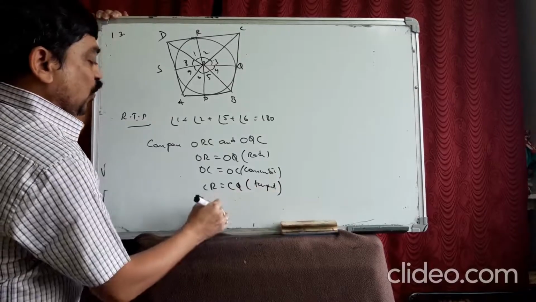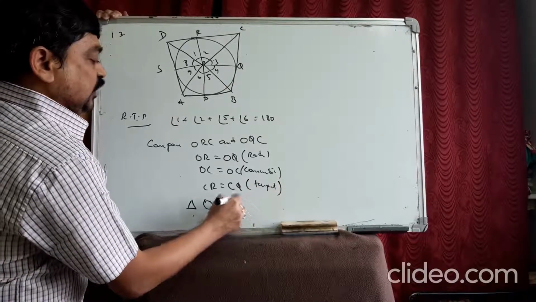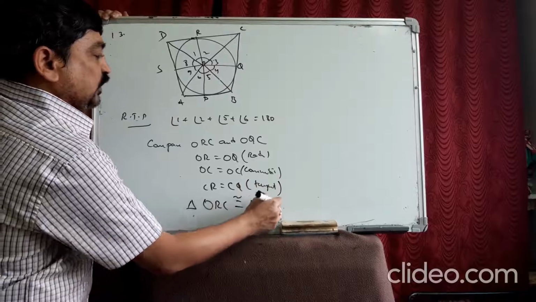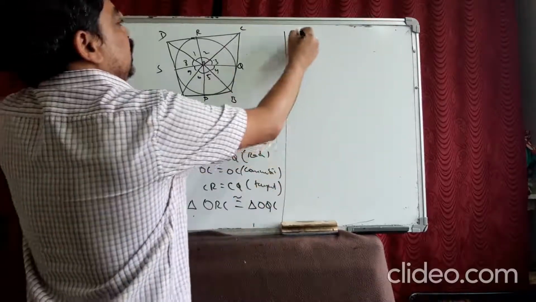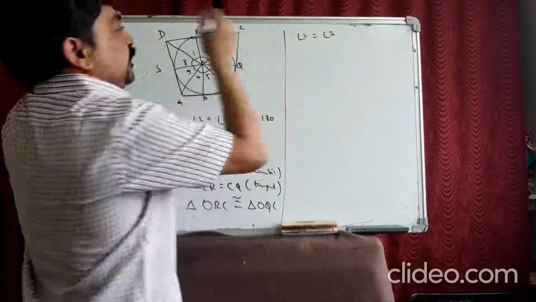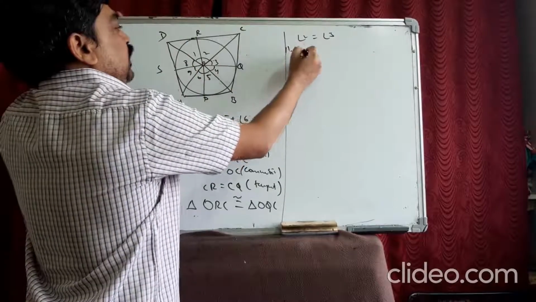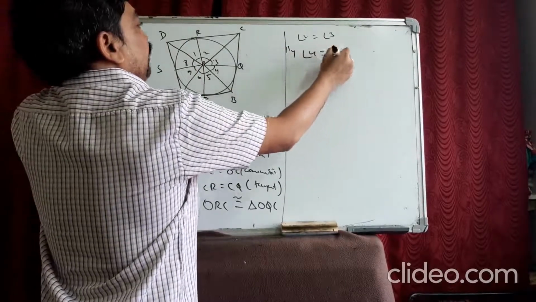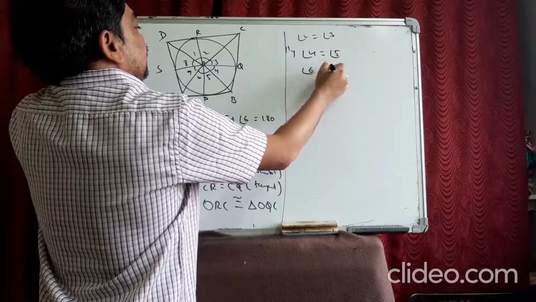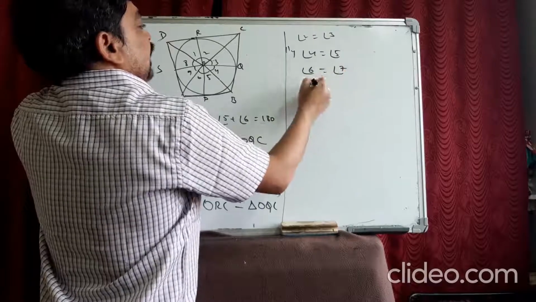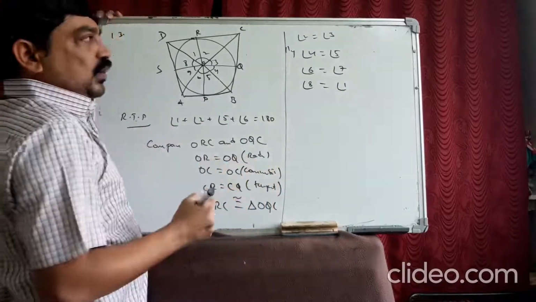Therefore, triangle ORC is congruent to triangle OQC. When two triangles are congruent, angle 2 equal to angle 3. Similarly, we can prove that angle 4 equal to angle 5, angle 6 is equal to angle 7, angle 8 equal to angle 1. Okay.